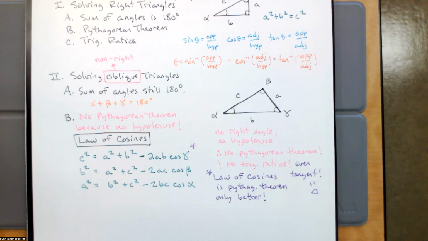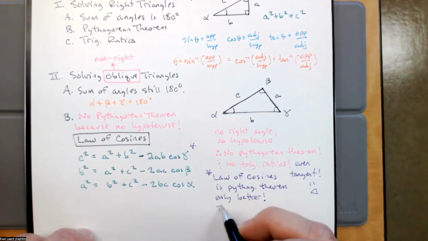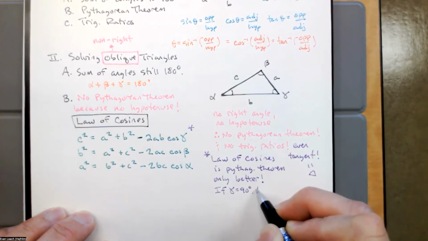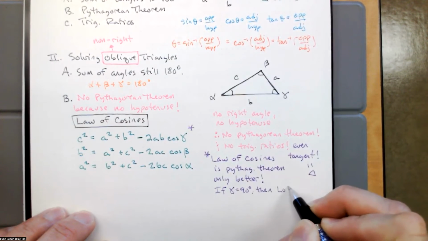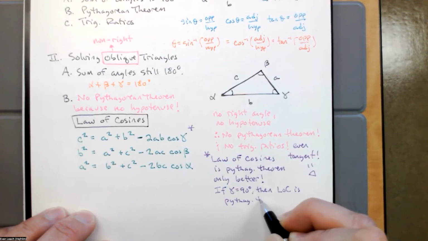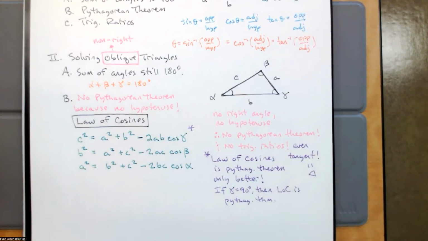If gamma equals 90, we get the Pythagorean theorem. Note that if beta is equal to 90, then b is the hypotenuse, and it's still the Pythagorean theorem. The hypotenuse squared is the sum of the squares of the other two legs.